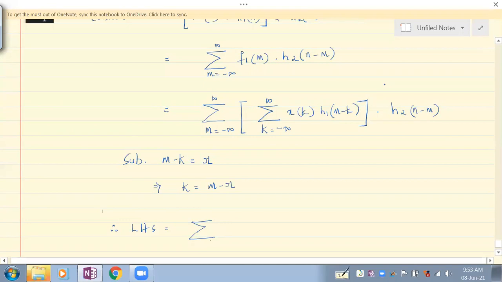Let's have another summation. This x of k we can take out, or let's substitute. I'm a little confused, but I'll get it properly, no problem. Let's just go one step ahead and see what happens. Now m minus k needs to be r. That means k is m minus r, right? So it is x of m minus r.